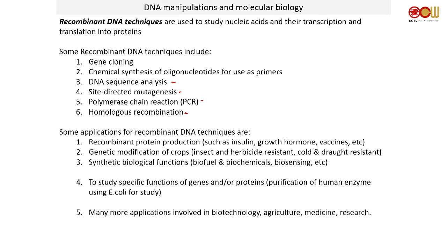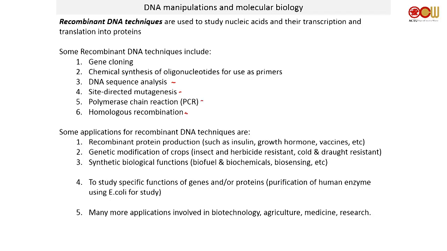Some applications for recombinant DNA techniques are recombinant protein production, for example, insulin. We will talk about insulin when we talk about protein secondary structures. Insulin is the first real successful example of biotechnology, because insulin previously was harvested from cows and so on, so it was too expensive.